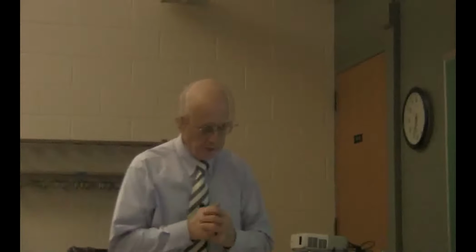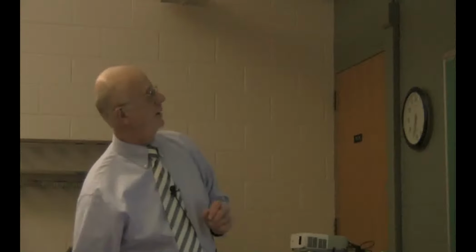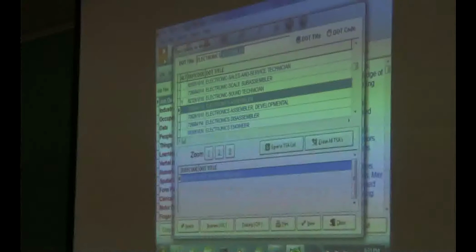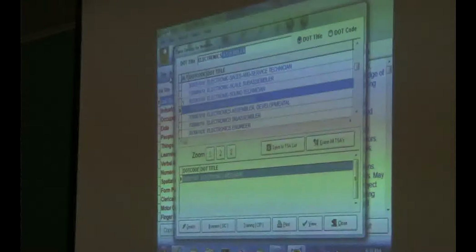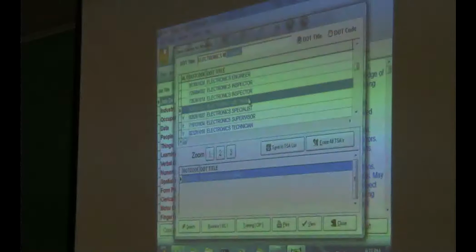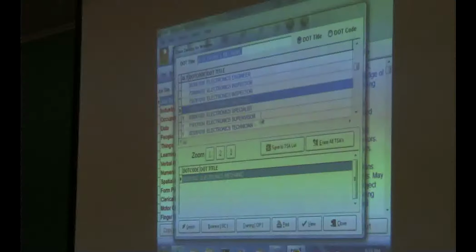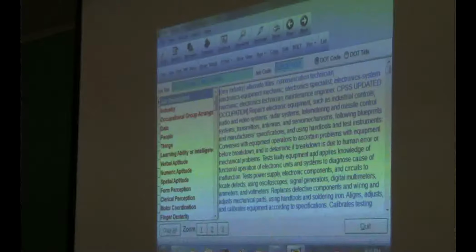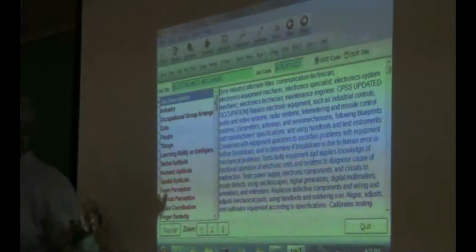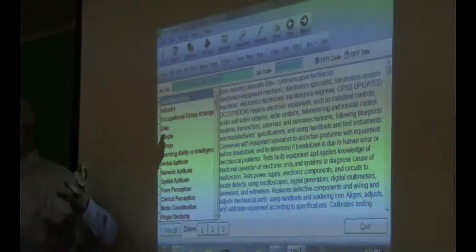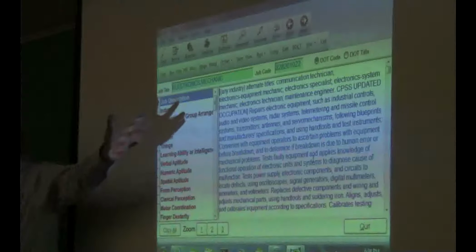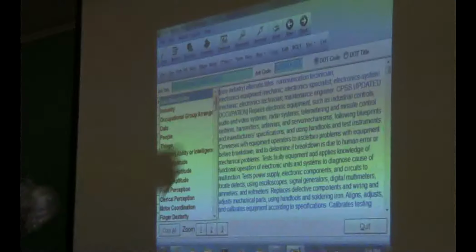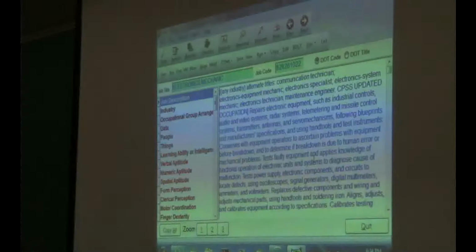Now, what I'm going to do is a really interesting example. All these examples that I'm showing you are actual examples. So here is an electronics mechanic. Now, electronics mechanic is also somebody who repairs what we call big iron, mainframe computers, cloud computing centers, printer plotters, things that process millions of checks and that sort of thing.